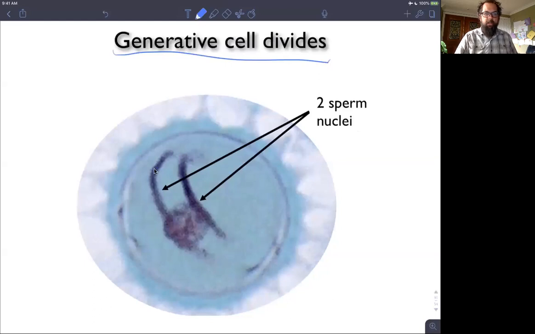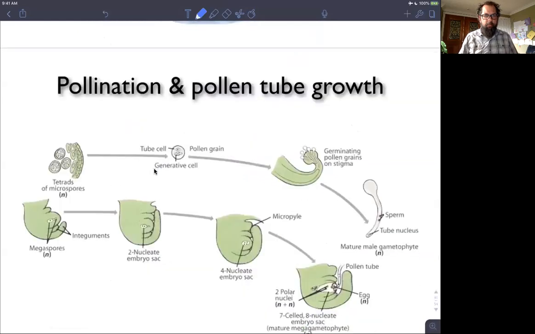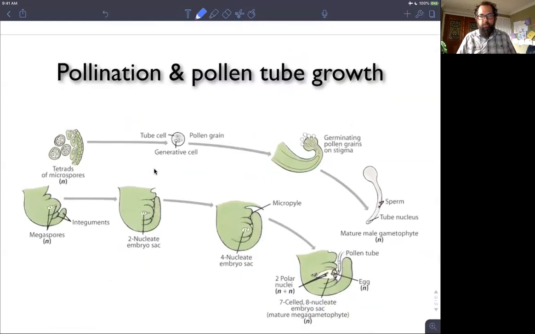Once pollination occurs, the pollen grain is moved to the stigma of the gynecium of the female plant. That tube cell develops into a pollen tube, and that pollen tube grows down through the style of the pistil of the gynecium and toward the ovule.